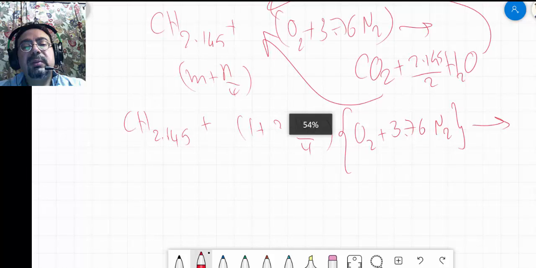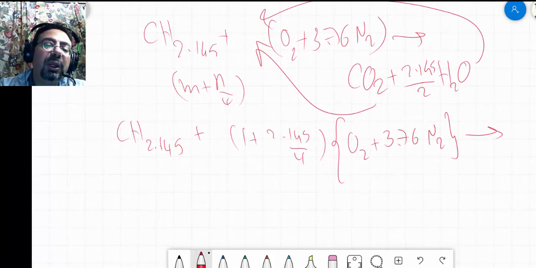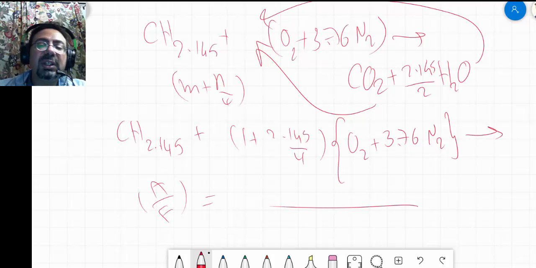And now if we want the fuel to air ratio, we first calculate the air to fuel ratio and then invert it. You just calculate the mass of the air divided by the mass of the fuel, right?